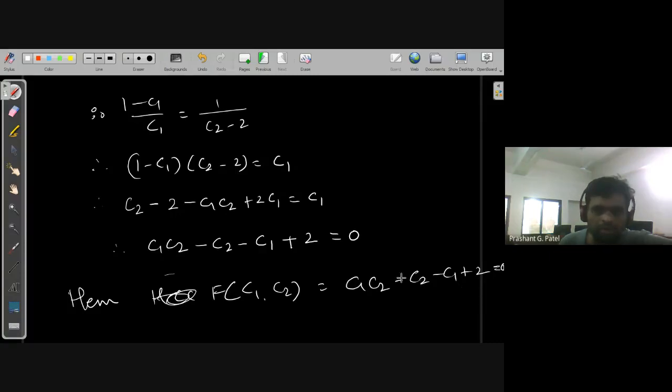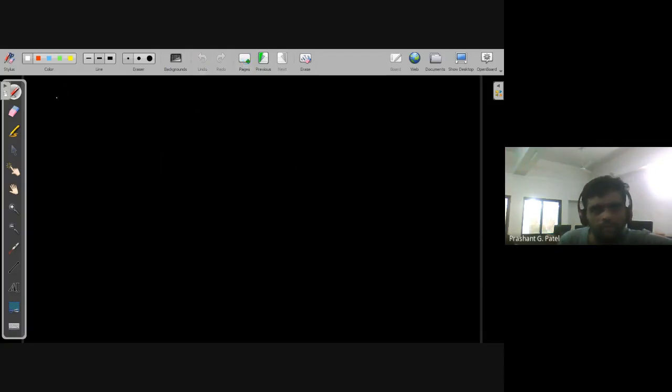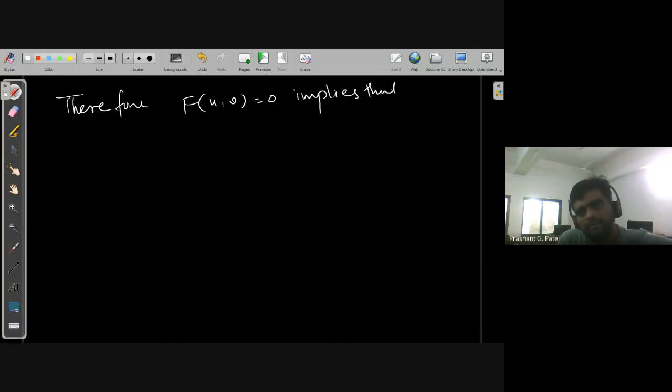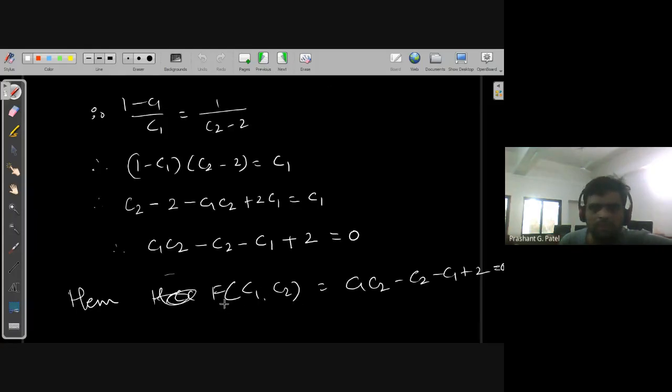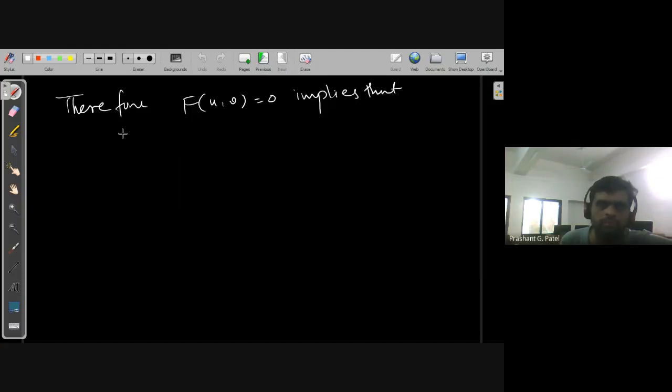If you substitute the values of c1 and c2 in terms of u and v, therefore f of u, v equal to 0 implies, as per this function f of c1, c2, u into v minus u minus v plus 2 equal to 0.